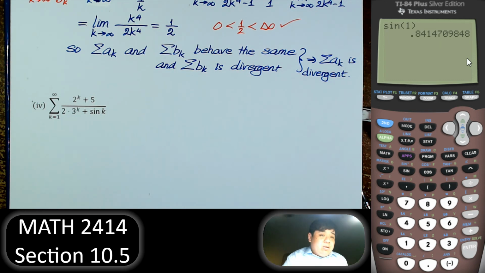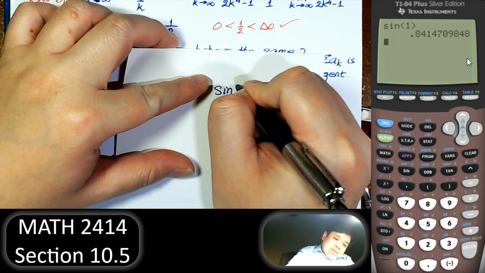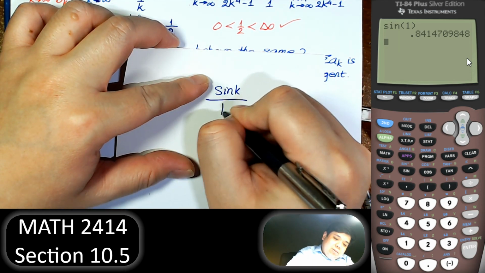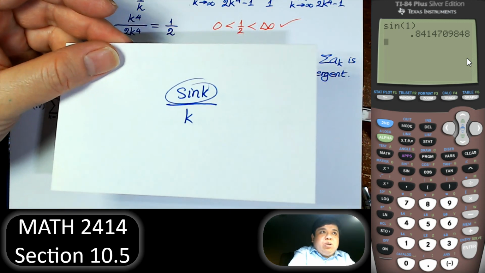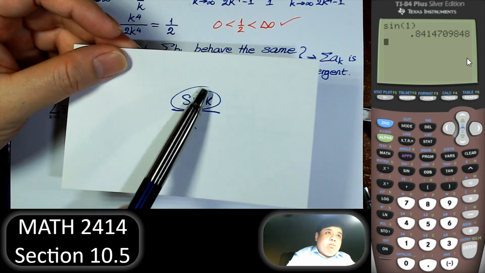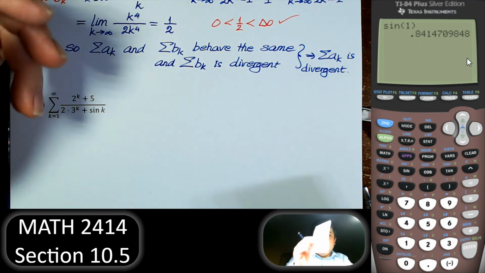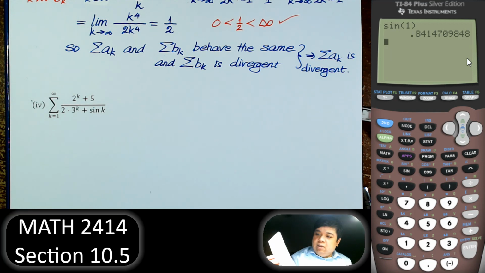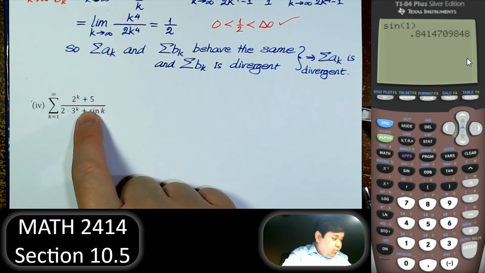It doesn't matter though, because for the limit comparison test or direct comparison test, all the terms have to be positive. Because sine can potentially be negative, we cannot use the comparison test for this series, so that doesn't work. Anyway, so we compare to this.